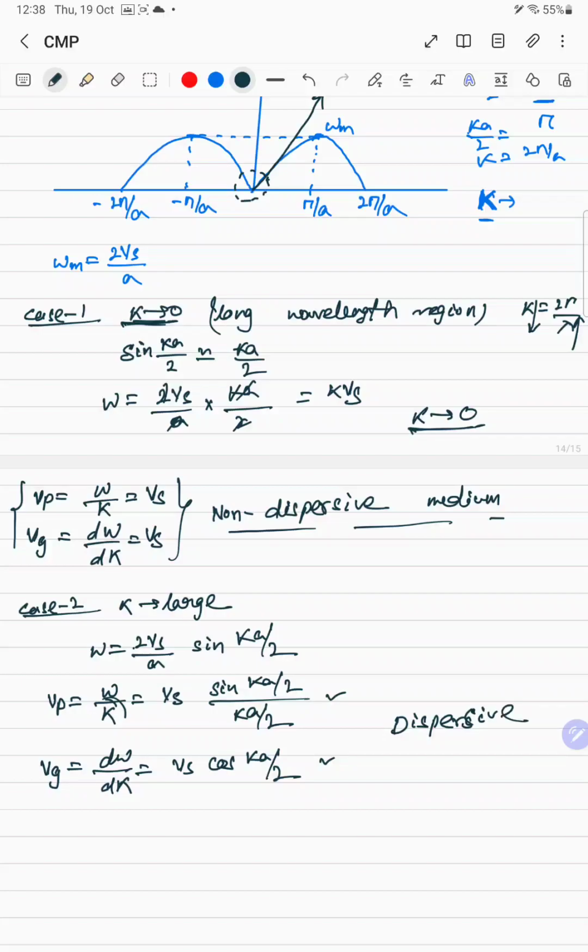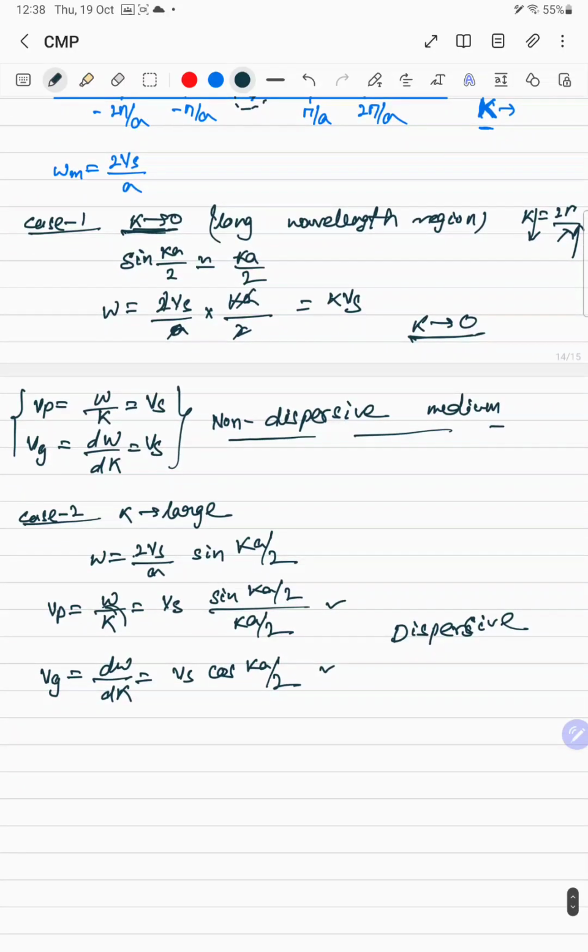Now we are very close to answering our question: why a solid does not allow visible light to enter it, or why our eyes can't see inside a solid. Let's draw Vp and Vg, because this is very important.